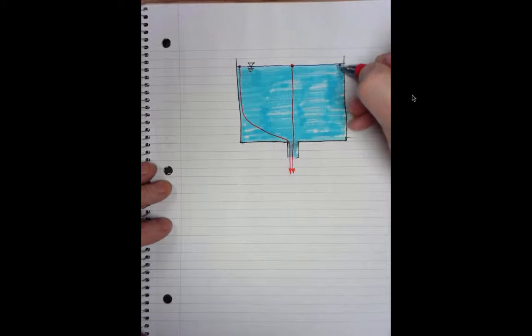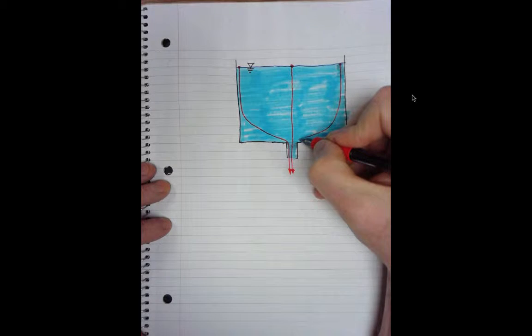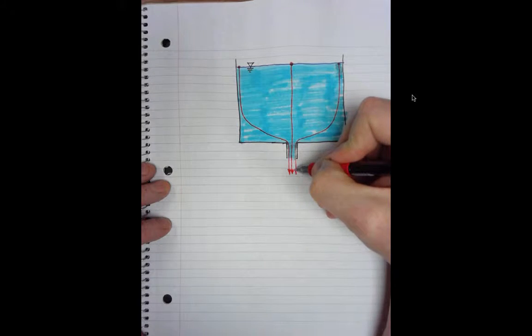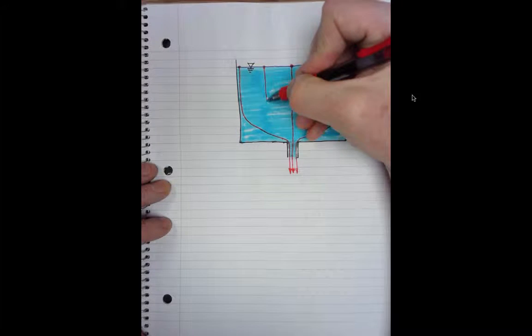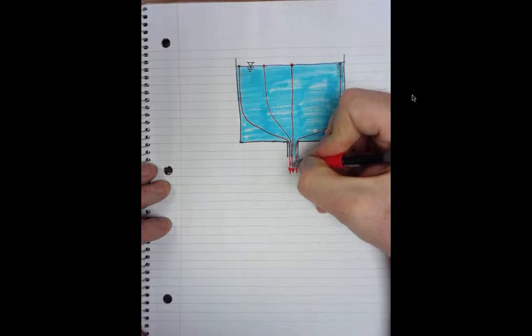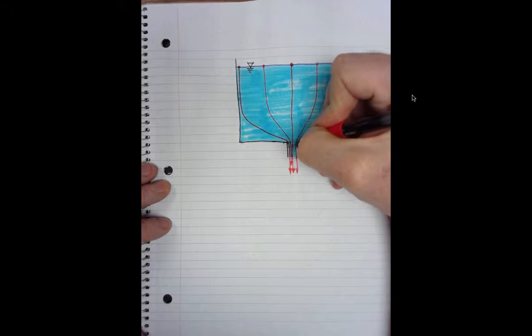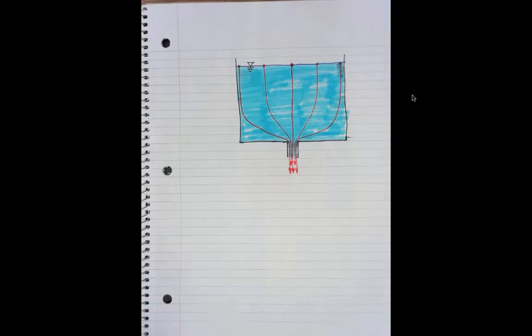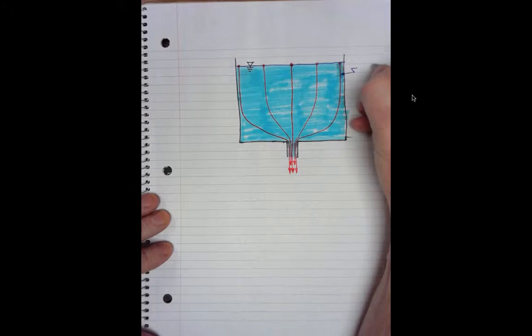Similarly on this side, you might have another one going like that, and I'll try to draw an intermediate one. Alright, so this is, as I just said, a streak line.